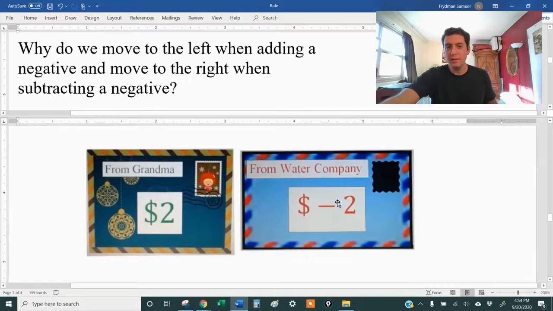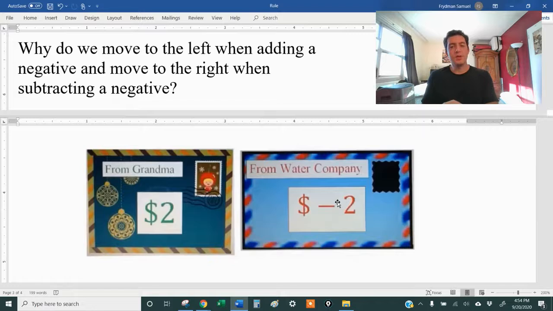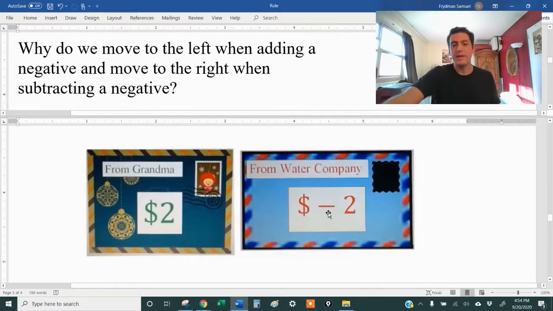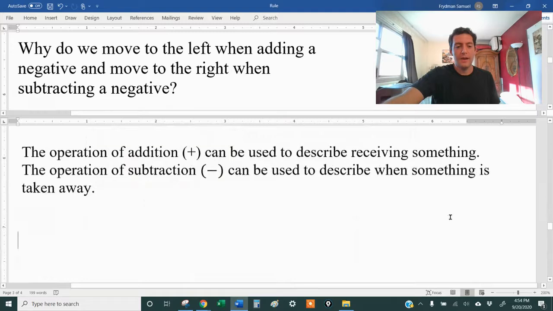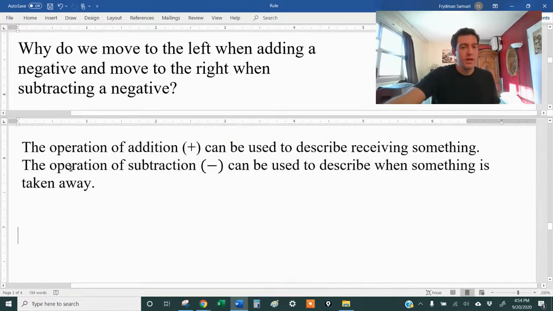And this bill from the water company, which is telling you that you have to pay the water company $2 because you owe them $2, could be represented with a negative 2. And furthermore, the operation of addition can be used to describe receiving something, and the operation of subtraction can be used to describe when something is taken away from us.